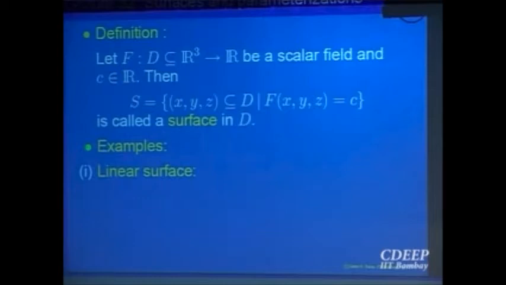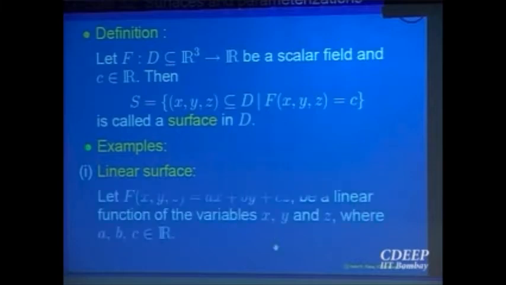The first one is a very simple object in R3, which is like the xy plane, yz plane or zx plane, but not necessarily the same, rotated and lifted. So that is the equation of a plane. A plane is called a surface, right? It is normally given by f(x, y, z) equal to ax plus by plus cz.